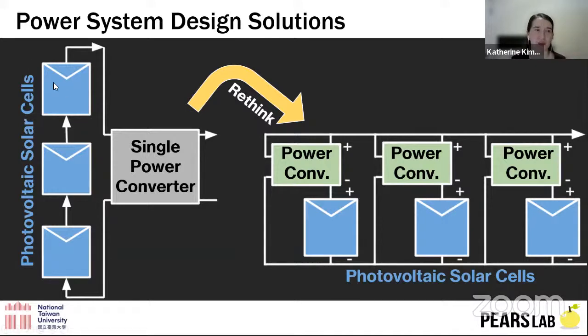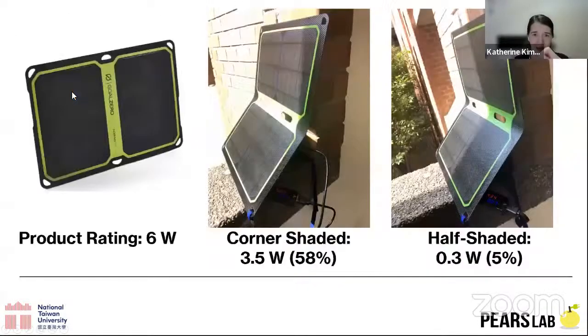And actually the one that is most shaded can create a bottleneck. So for example, one cell that's shaded, going back to this one, even in this corner case, this part here has a larger negative effect. Maybe 5% is shaded, but it has an effect of 60%. And in this one, 50% is shaded, but it has an effect of 95% reduction in power.